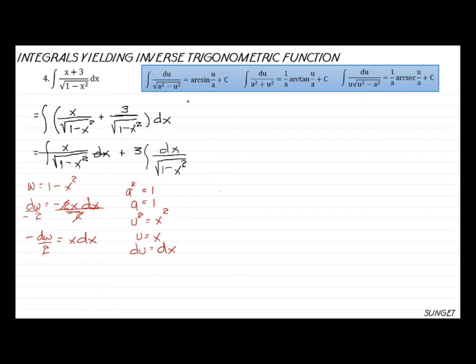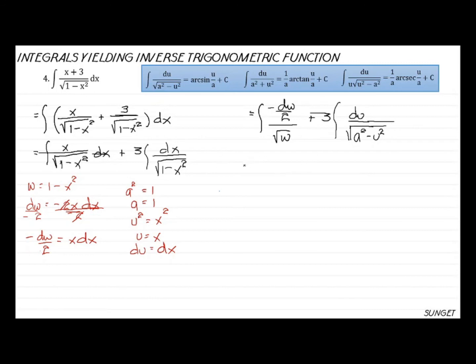Then substitute. So we have the integral of x dx, so negative dw over 2 over square root of w, plus 3 times the integral of dx, so that is du over square root of a squared minus u squared.